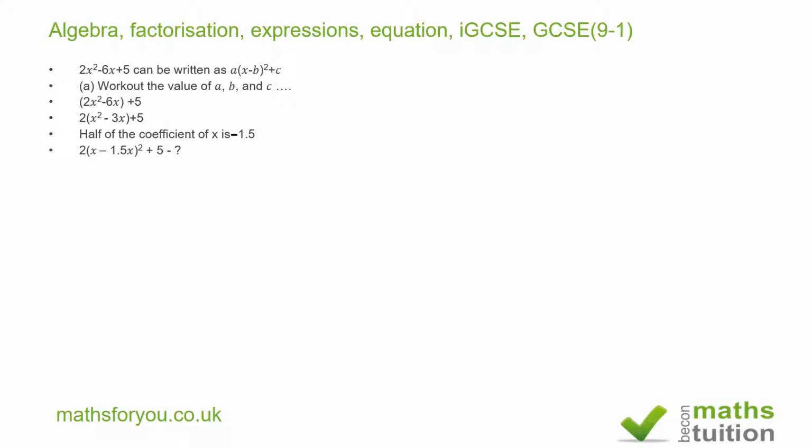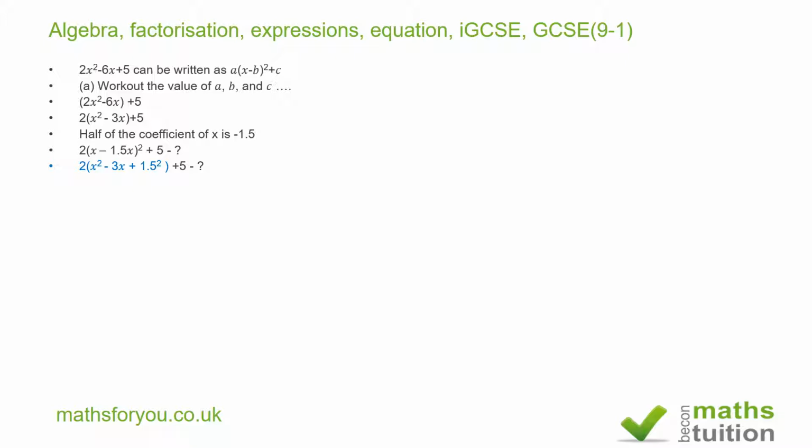Now I put a minus something there because when you expand this bracket, we're going to have an extra value that was not in the original equation. So we need to subtract that. So what we then have is 2 into x squared minus 3x plus 1.5 all squared plus 5.